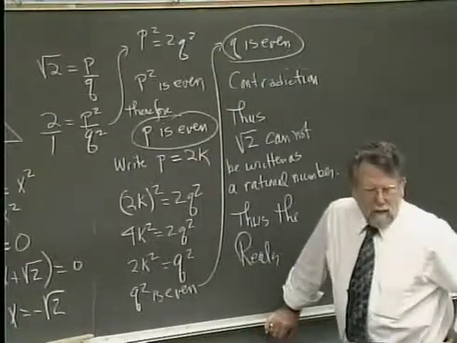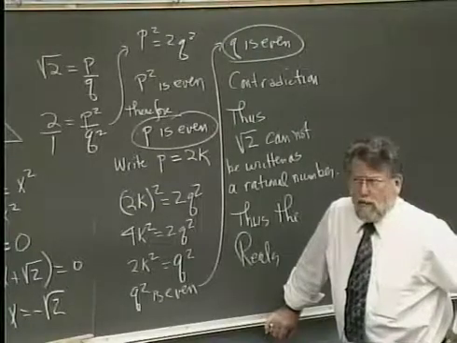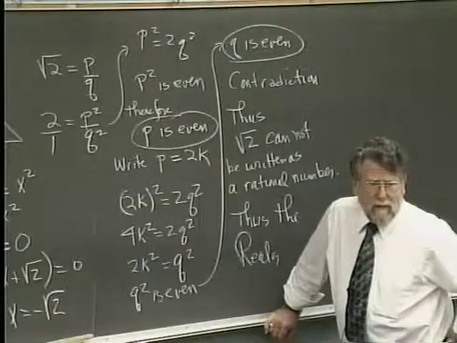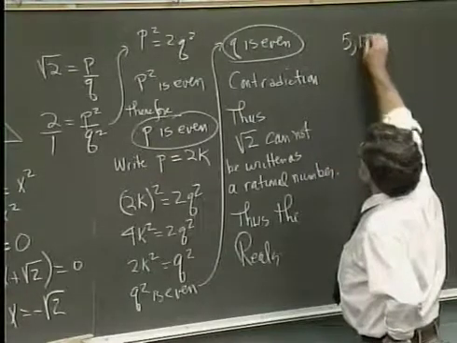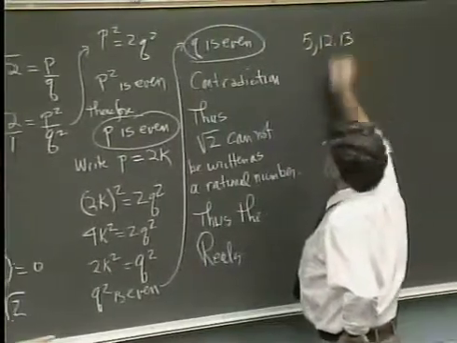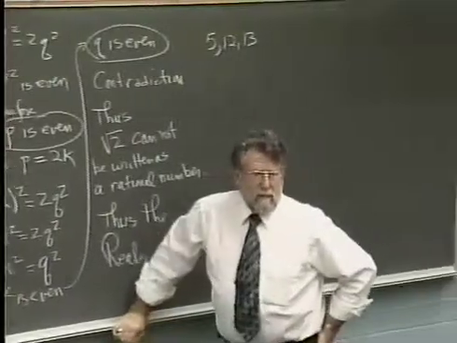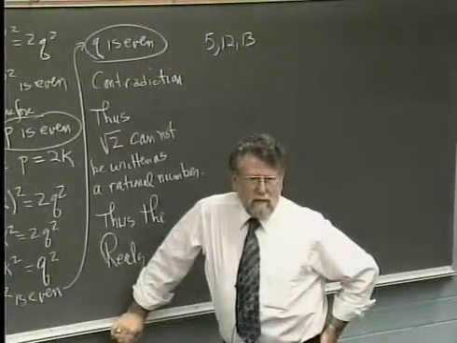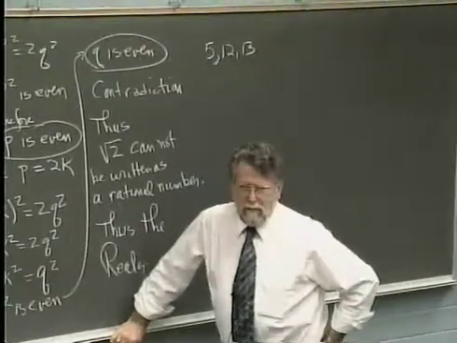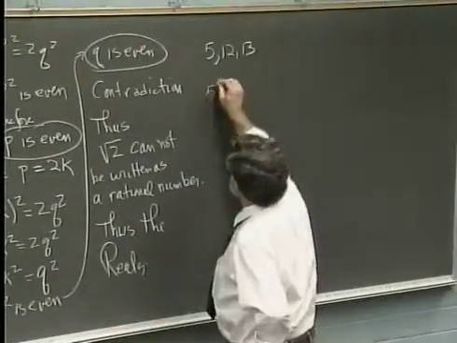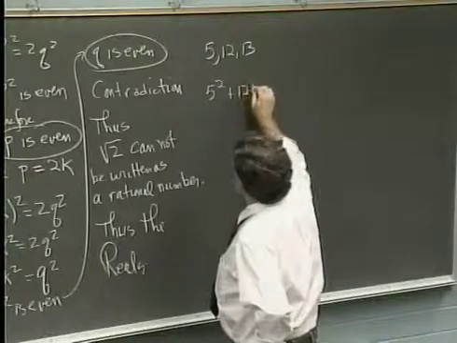What about other numbers that work for the Pythagorean theorem? Try this triple. Does it work? Five squared plus 12 squared.